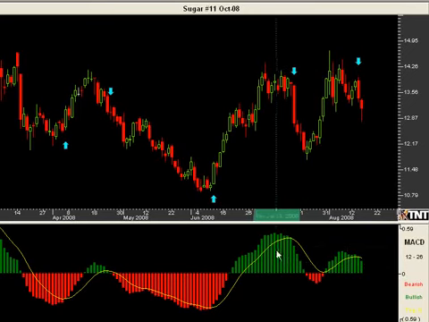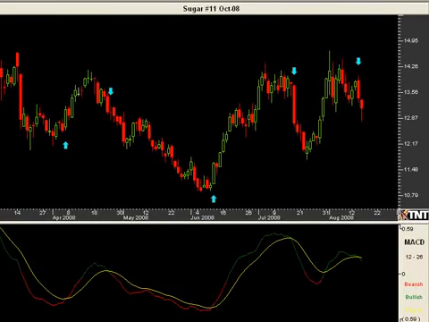You will see that with MACD, there are two different ways of viewing it. You can view it as a histogram, which is what we have here, or you can see it as a line chart as well.